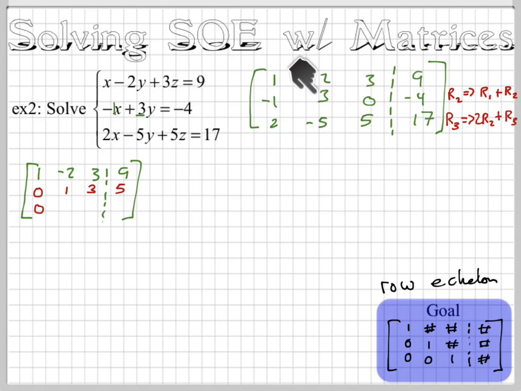What's 3 times 2? 6 plus -5. 0 times 2 plus 5. -4 times 2 plus 17.